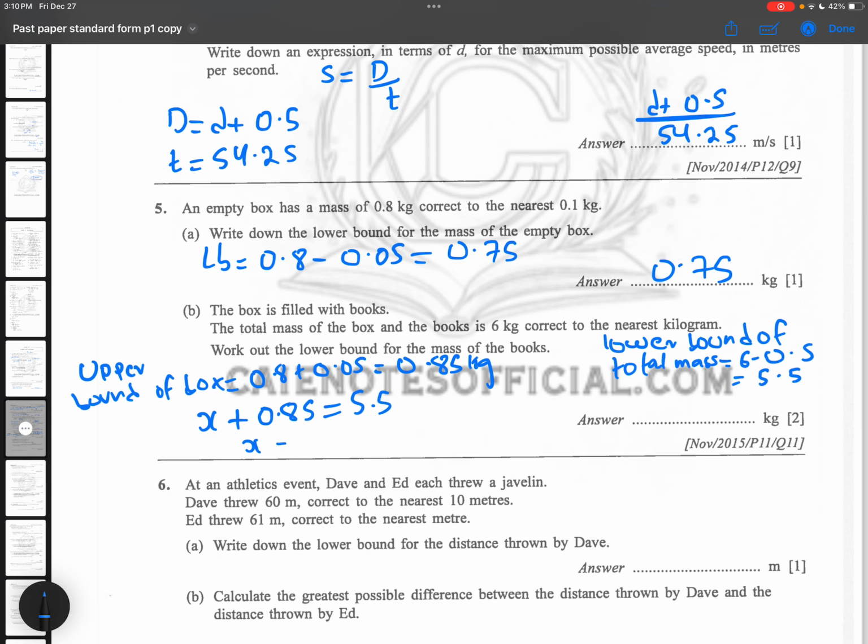So now I will solve this equation. x will be equal to 5.5 minus 0.85, and this will give me 4.65.